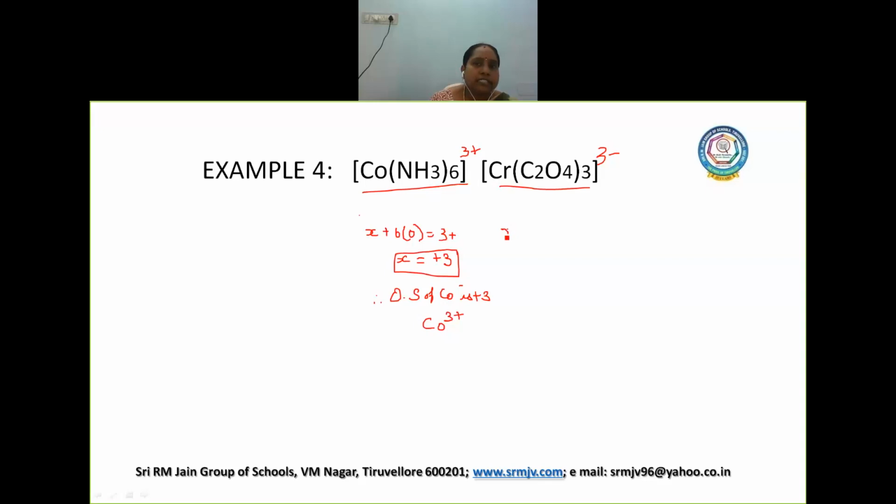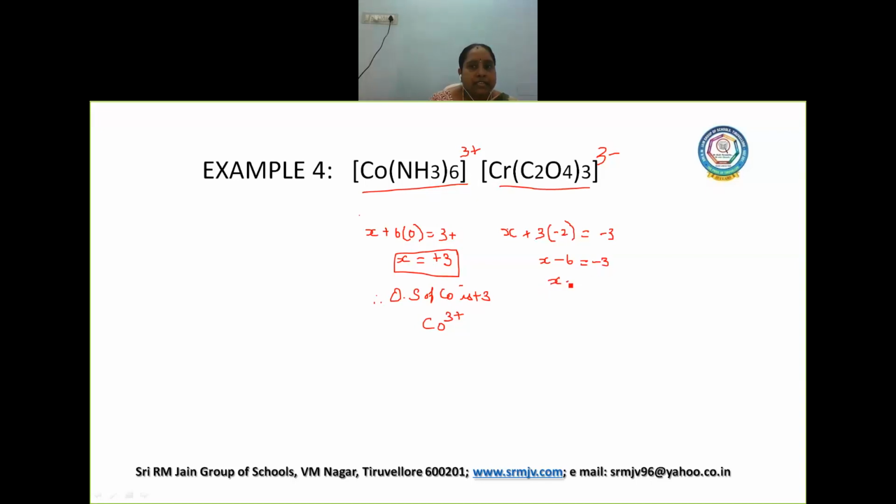Okay. So let us take the oxidation number of chromium that we are going to find out as X. Okay. Plus 3 oxalates are present in the complex as ligand. But the charge of that oxalate is -2, right? Is equal to the charge of this complex is -3, or 3 minus also you can write. So X minus 6 is equal to -3.